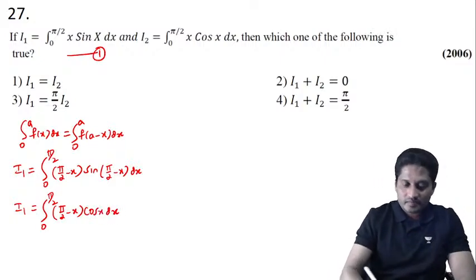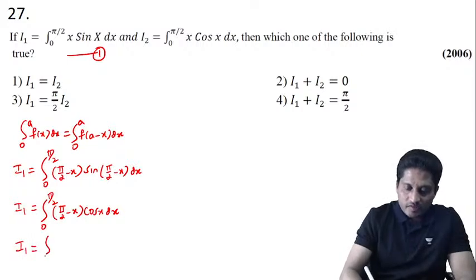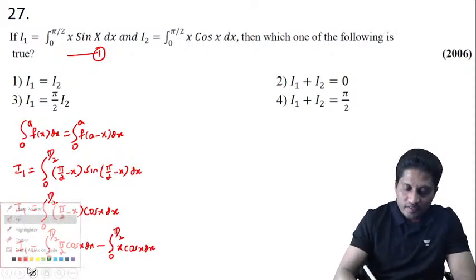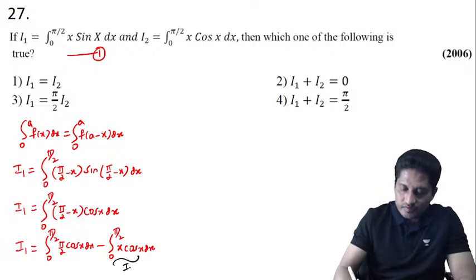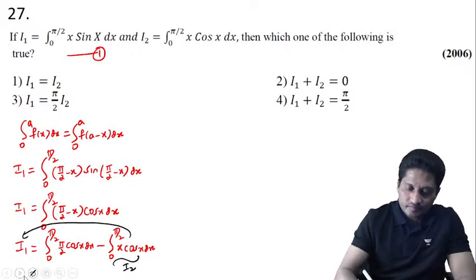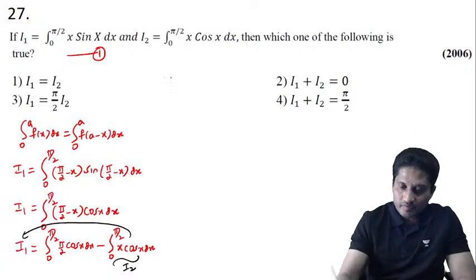Now if I multiply this, I1 is equal to integral 0 to pi by 2 of pi by 2 into cos x, minus integral 0 to pi by 2 of x into cos x dx. Okay, this fellow is same as I2, right? If you shift it to the left side, this becomes I1 plus I2 is equal to pi by 2, a constant, out, and then integration of cos x is sin x, 0 to pi by 2.